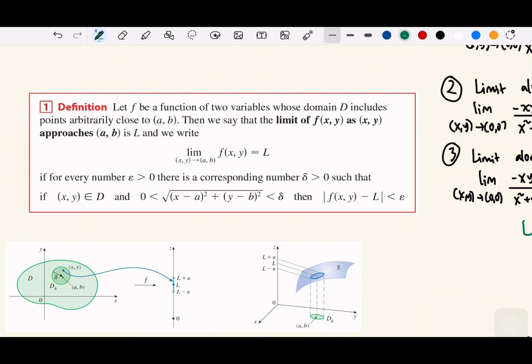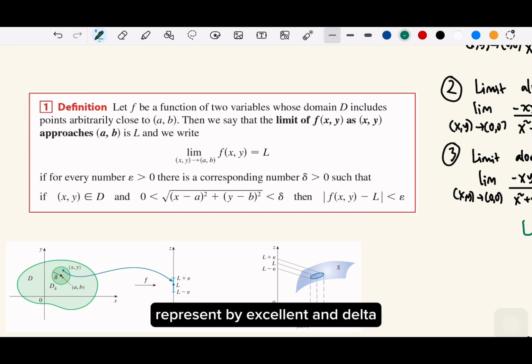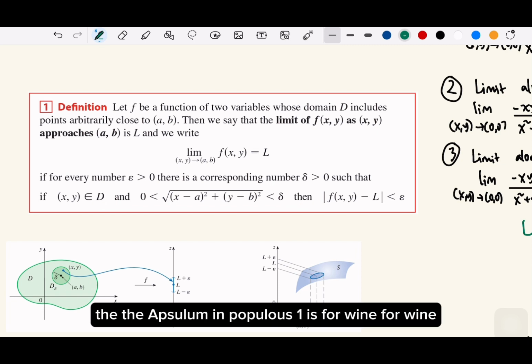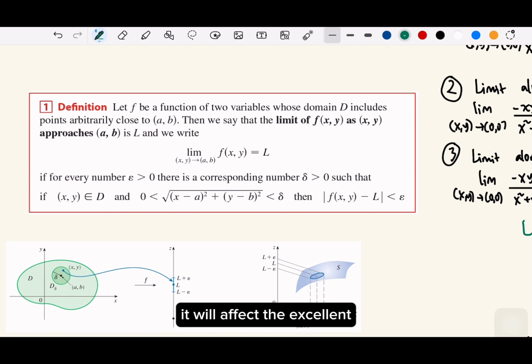And the limit can also be represented by epsilon and delta. Remember the epsilon-delta? The epsilon in calculus 1 is for y. So we take some delta, and then it will affect the epsilon.